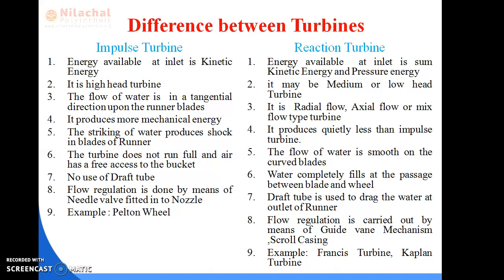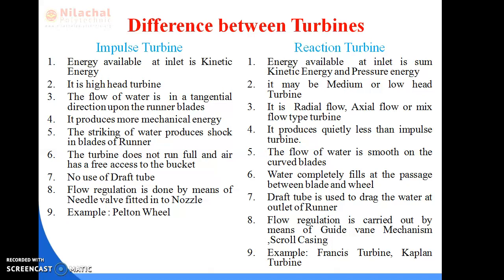In case of an impulse turbine, we use a spear regulating device. While the water enters the turbine unit from the penstock, a spear, or flow regulating device, is used.